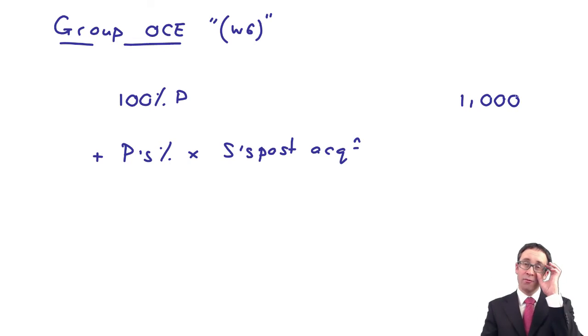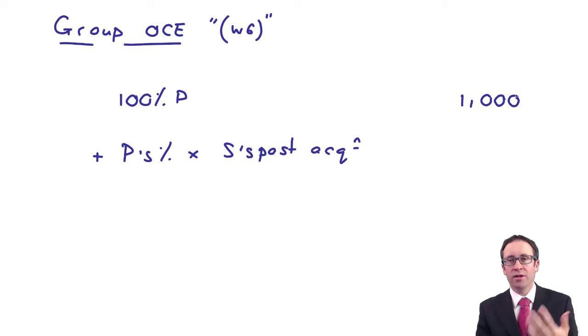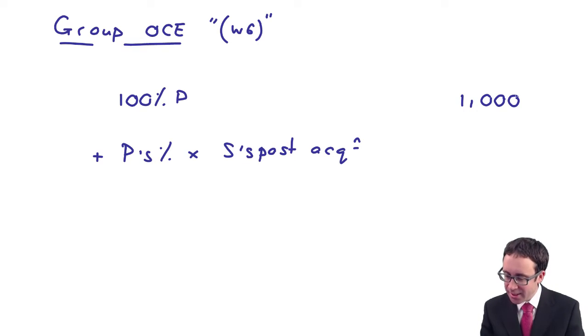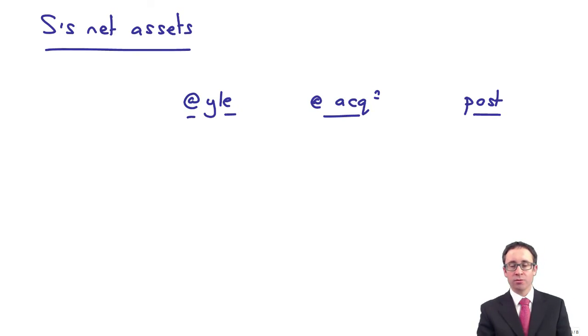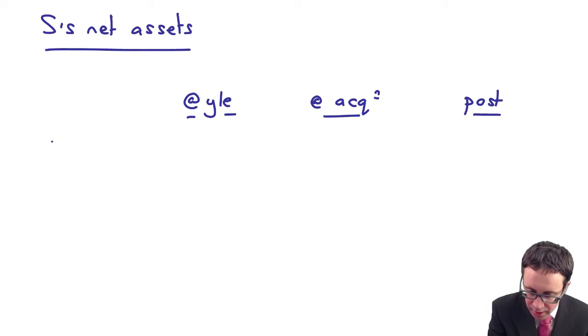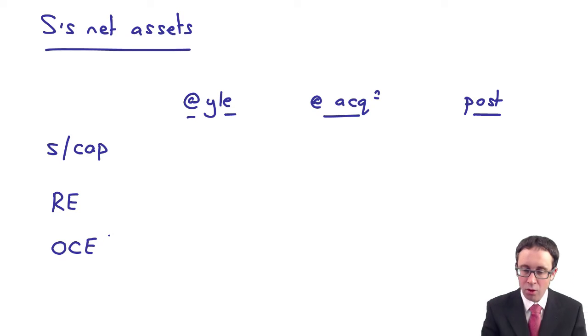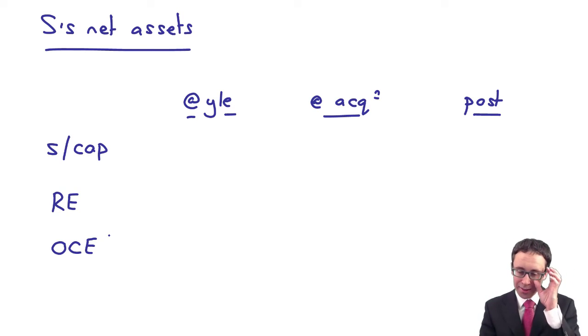And again, we're just going to work in round thousand because that's what the figures are quoted at within the question. My net assets of the subsidiary. So what we've got here is there is some share capital, so equity share capital. There's some retained earnings, and there's some other components of equity as well, isn't there?